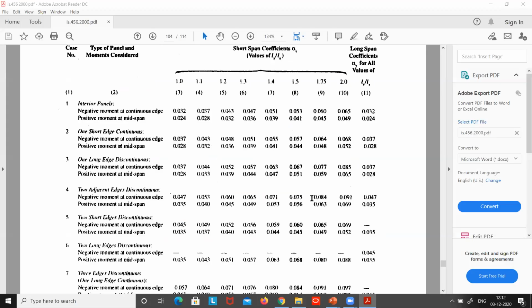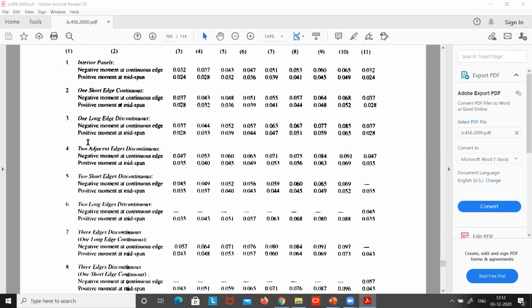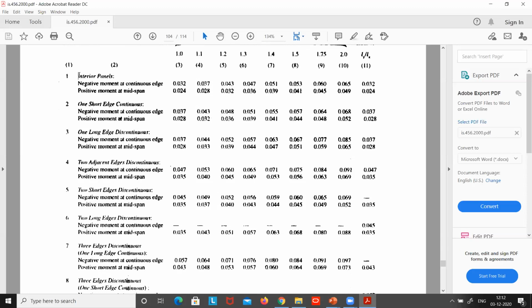Is this code visible now? Just a minute. As you can see, the first condition we can't use because it is interior panels. We are not designing interior panels here.